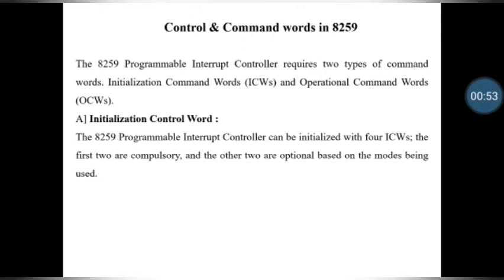Means the 8259 programmable interrupt controller can be initialized with these 4 ICWs, the initialization command words, in which the first 2 command words are compulsory and the other 2 are optional. The last 2 initialization command words are selected on the basis of the mode used by the processor, that is the 8259.